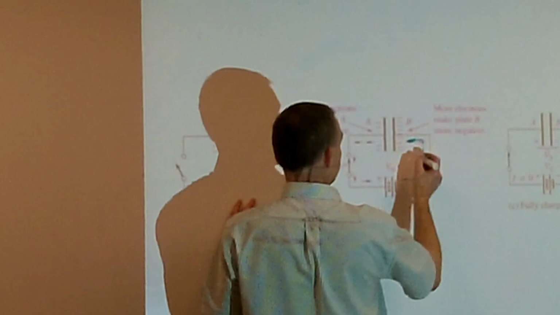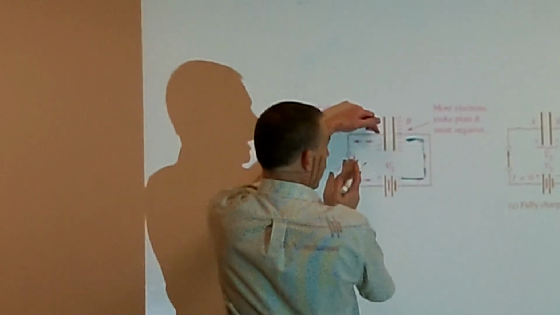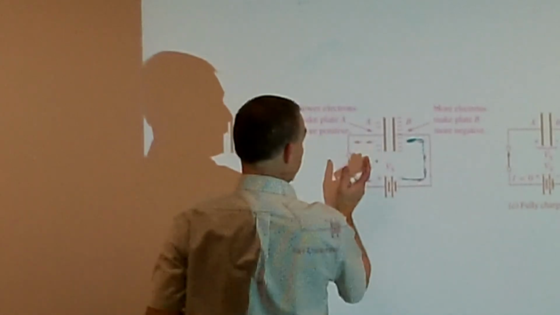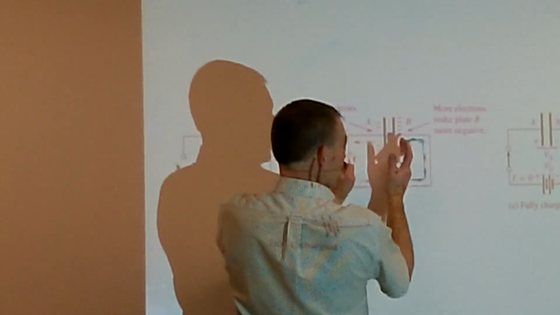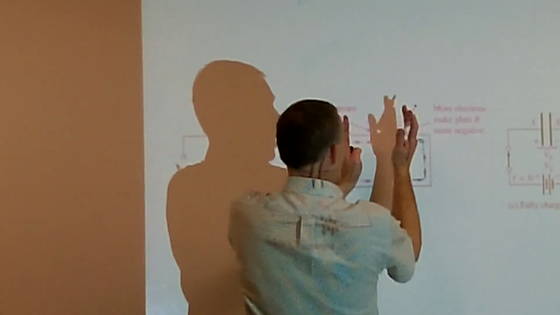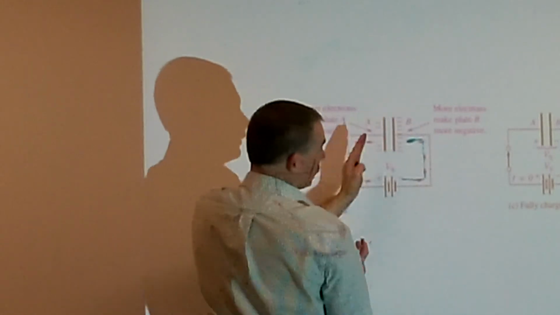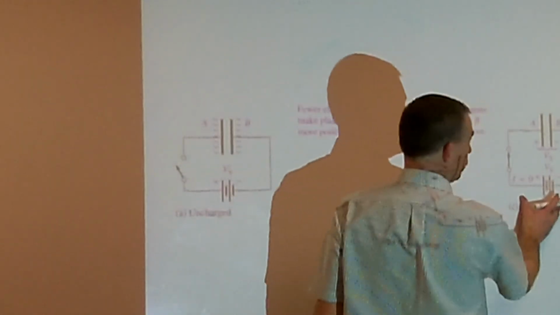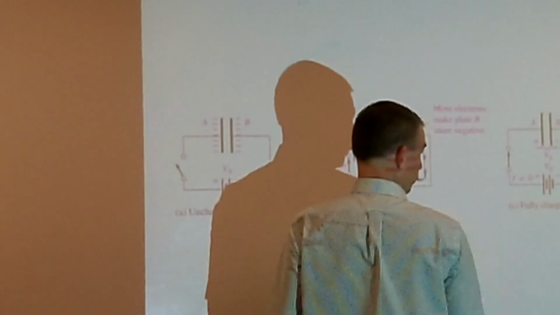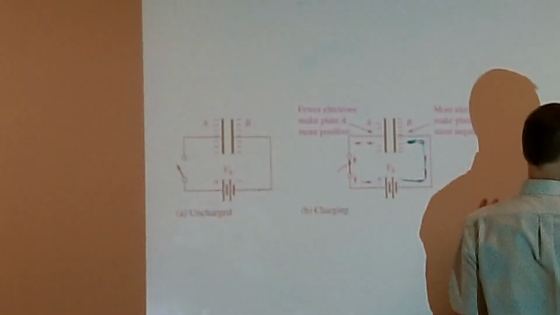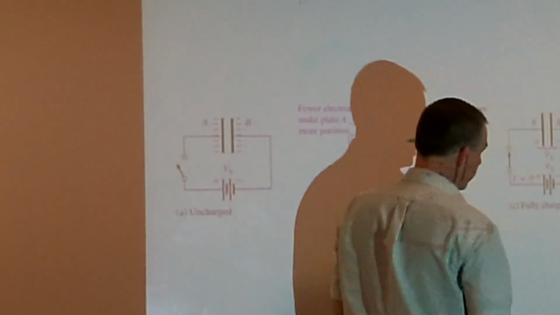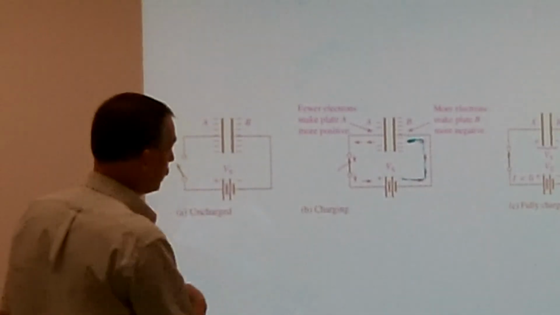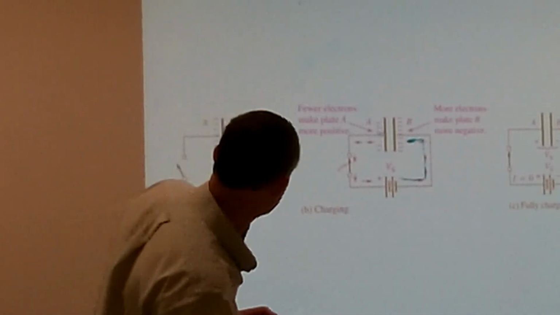And it's going to start separating all the electrons and the protons on each side of that capacitor. And then that capacitor is going to be fully charged. All the electrons are on one side, all the protons are on the other side, and it becomes fully charged. Once I open up that switch, then that capacitor is going to maintain that charge until I go ahead and discharge it. The only way I can discharge it is if I give it another current path.